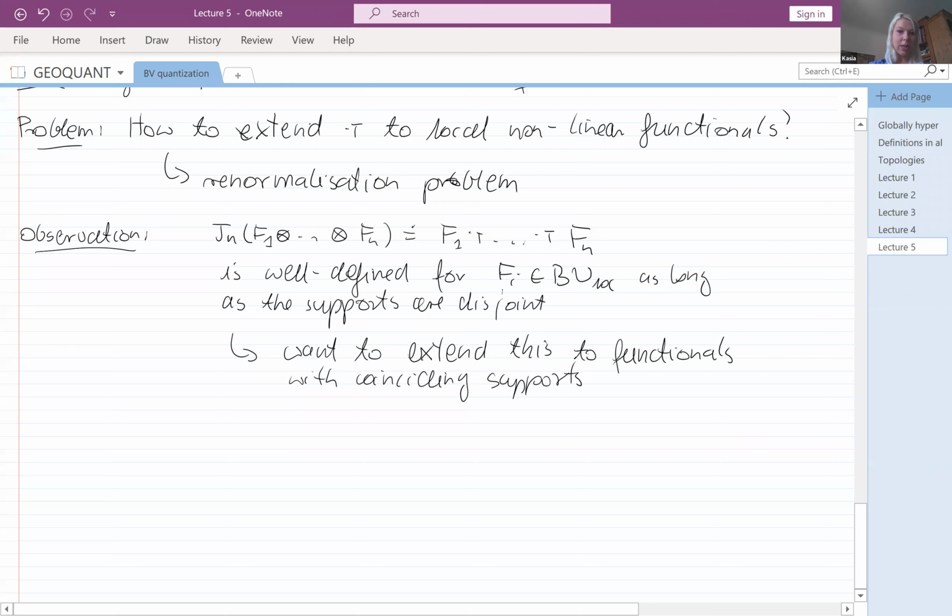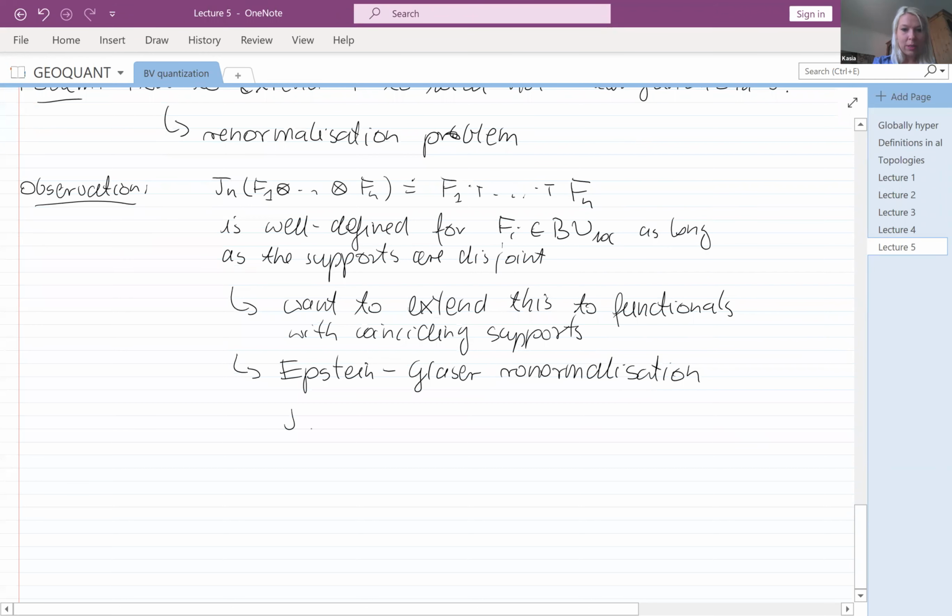And this is where the Epstein-Glaser renormalization comes in. So this can be understood as the quest to extend this family of Tn's to, well, some larger space, which before I denoted the space of microcausal functionals.